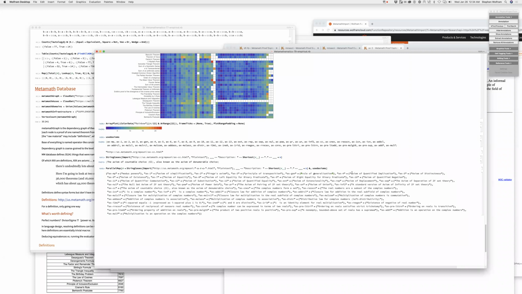But should we really say, well, I guess we could say rule. Hmm. Okay, yes, quantified implication. Do we think that lowercasing is the right thing to do? No. Why not? Because the theorems are capitalized.